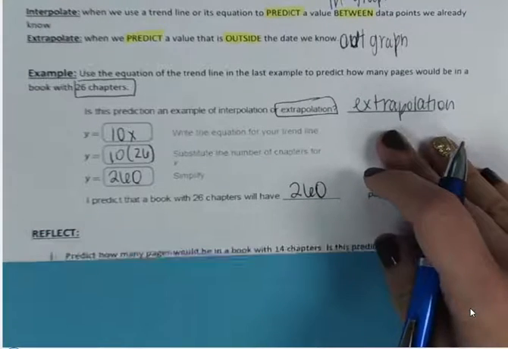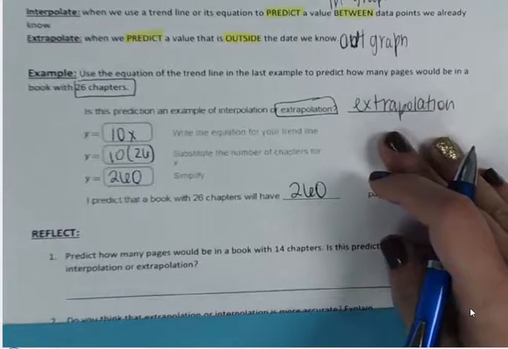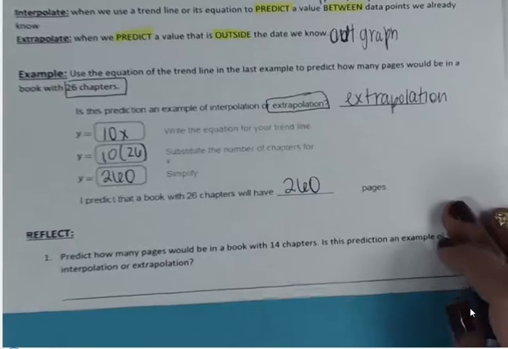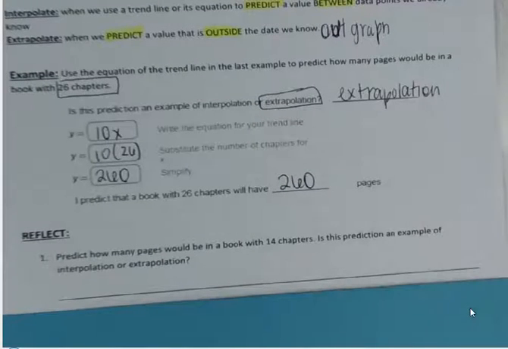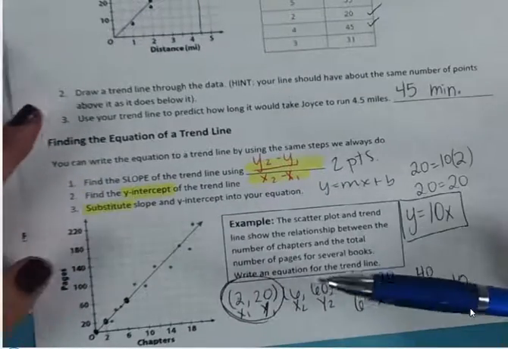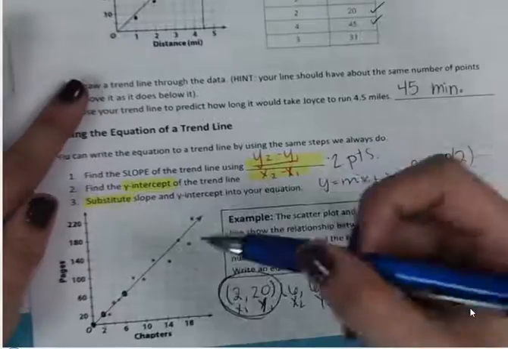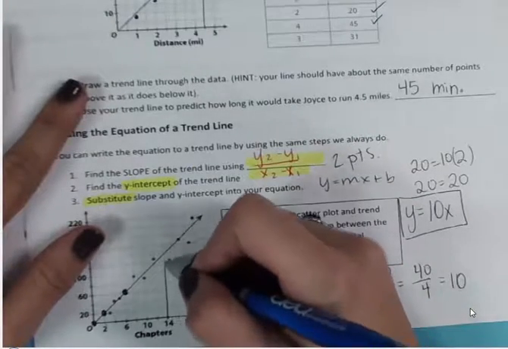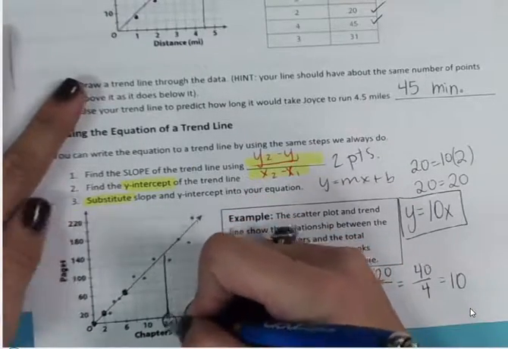Alright, so reflection. Predict how many pages would be in a book with 14 chapters. Is this prediction an example of interpolation or extrapolation? So we're still going back to our original example. 14 chapters, I see 14 is right here. And so I see it's inside my graph.